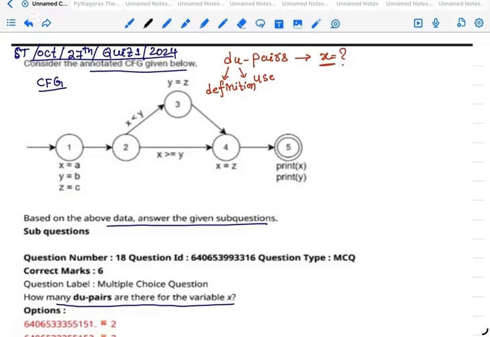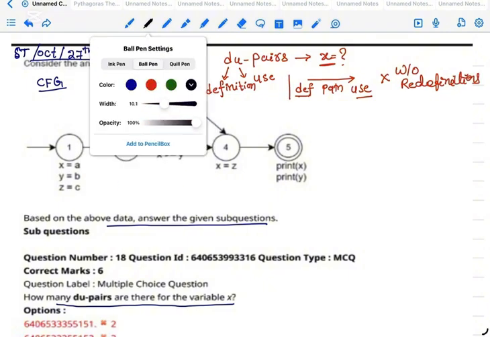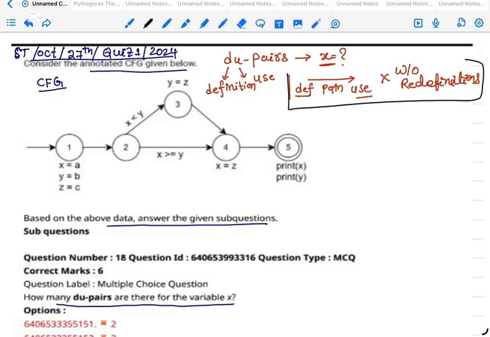There is a path from definition to use without redefinition. Du pairs means we are calculating definition use pairs, where it is defined and where it is used.